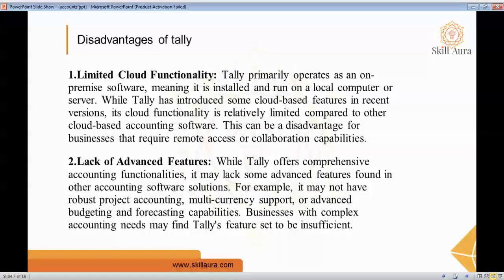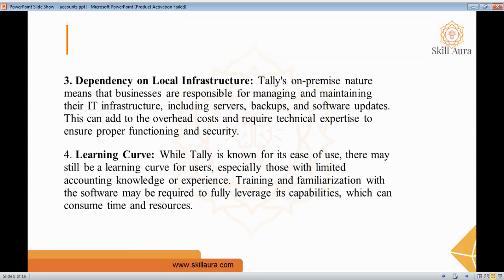And the next one is dependency on local infrastructure. Here, Tally requires a local server or a computer to run, which can be limiting for a business with multiple locations or remote workers.